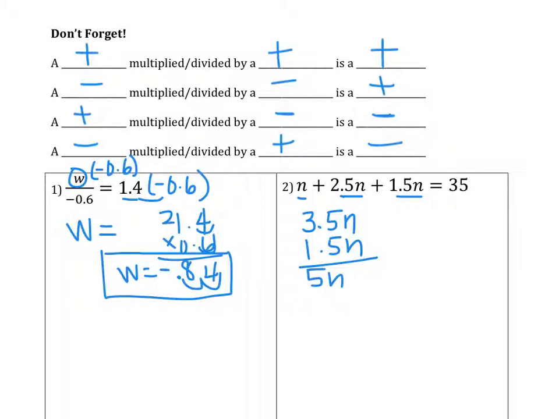So now we have 5n equals 35. We want to get n by itself, and it's being multiplied by 5, so we do the opposite, which is divide both sides by 5. N equals 7.